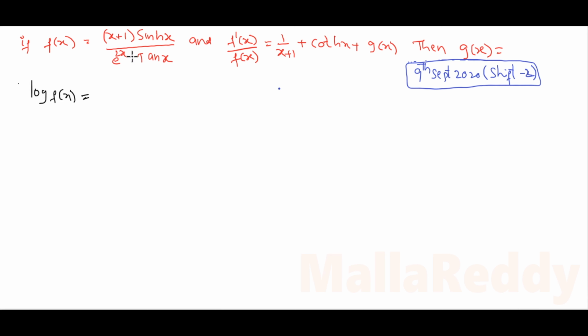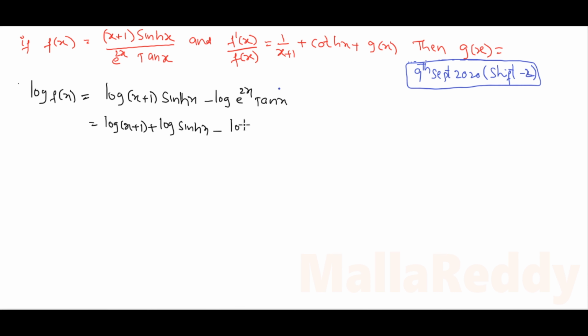This is in the form of log m by n, that is log m minus log n, that is log of (x + 1) into sinh x, minus log of e^(2x) into tan x. So again, log of (x + 1) into sinh x is written as log of (x + 1) plus log of sinh x, minus log of e^(2x) into tan x.